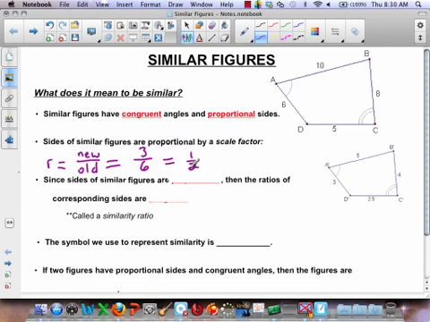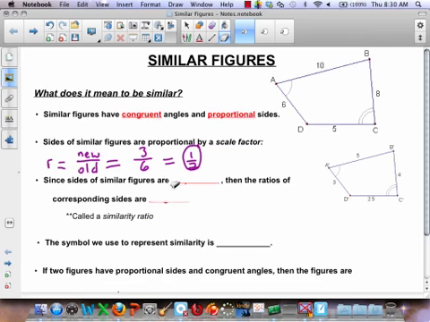And this scale factor, we call that the similarity ratio. So if you're asked to find the similarity ratio between these two shapes, that similarity ratio would be 1/2.